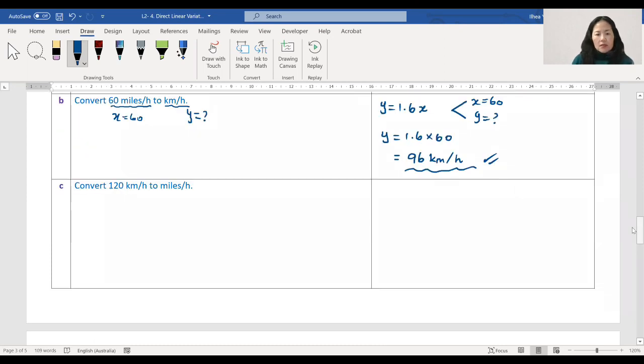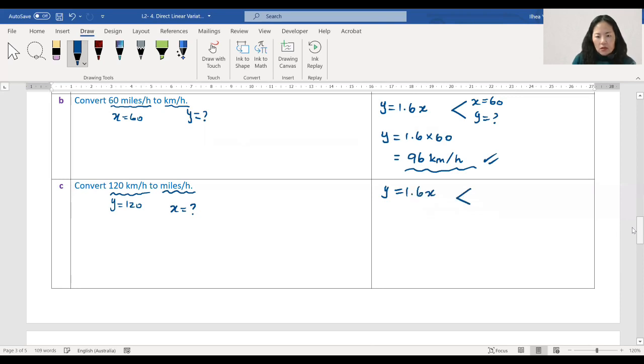Next one, let's have a look. Convert meaning change. Now kilometers per hour was our y. y equals 120 kilometers per hour, and convert that into miles per hour, which we don't know. So to convert it, we're going to use this formula that we found, y equals 1.6x.